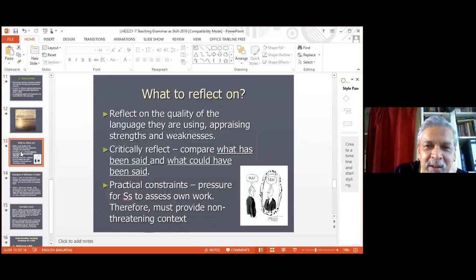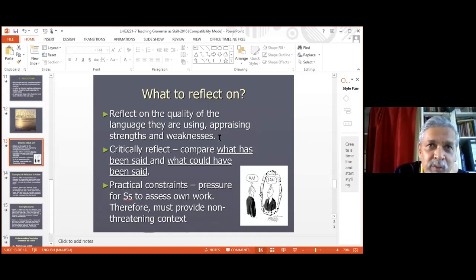So what to reflect on? These are the things that students can reflect on, and they can be taught to reflect on. Reflect on the quality of language they are using, appraising strengths and weaknesses.